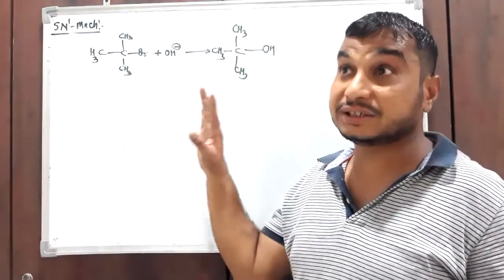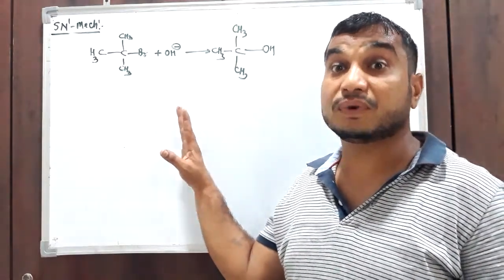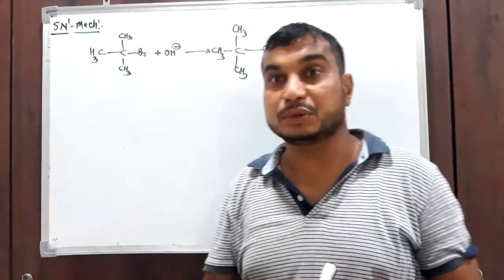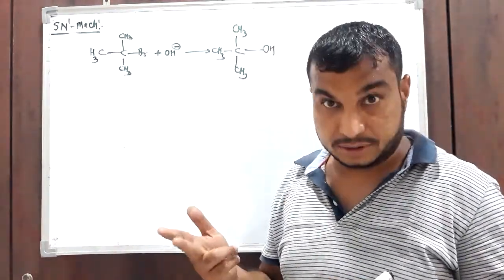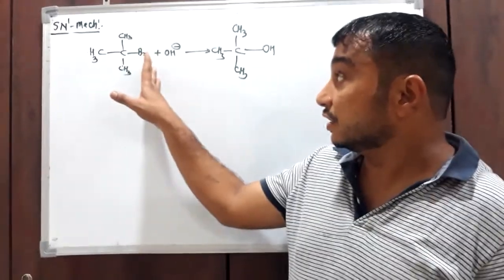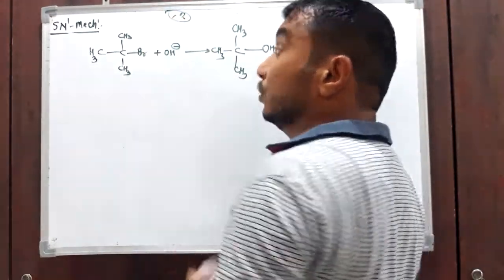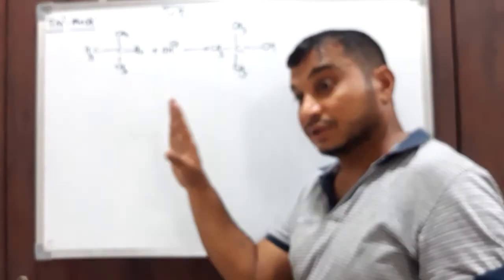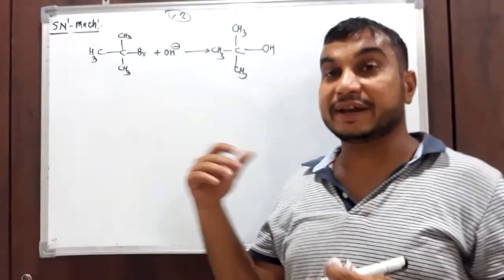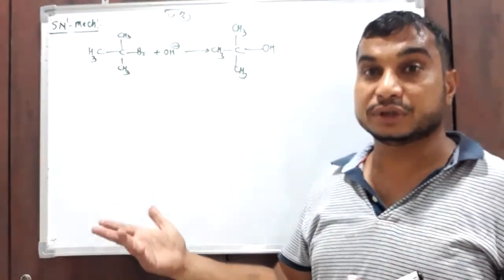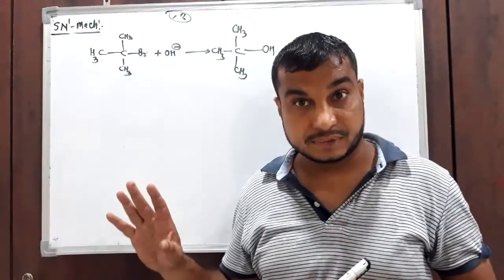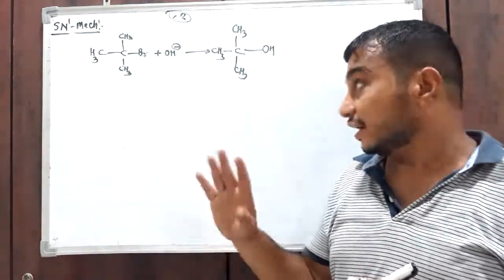But then the reaction is no more first order; it becomes second order. But kinetic study revealed that this is a first order reaction, not second order. So this possibility, a mechanism like SN2, is not correct. It is discarded.